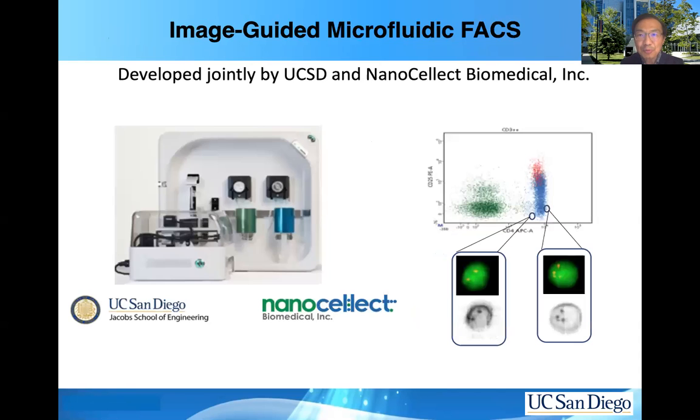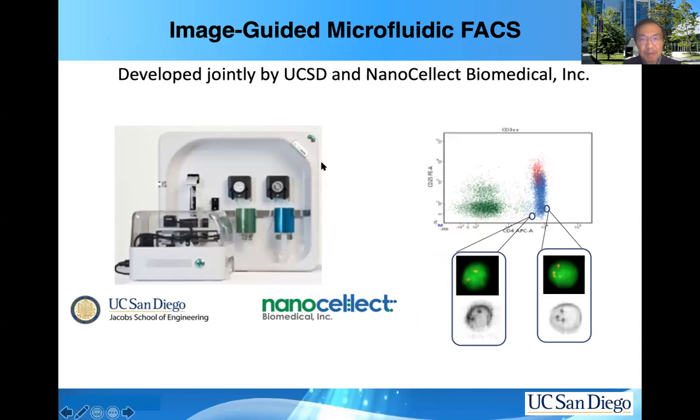The enabling tool we're going to talk about is really an image-guided cell sorter. We start with a sorter that is able to detect the two-dimensional image. In collaboration with NanoSelect Biomedical, my lab has developed a system.